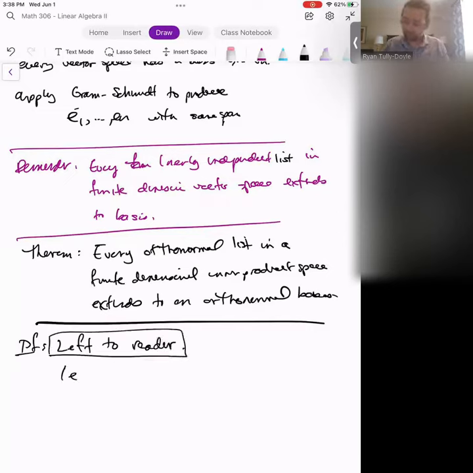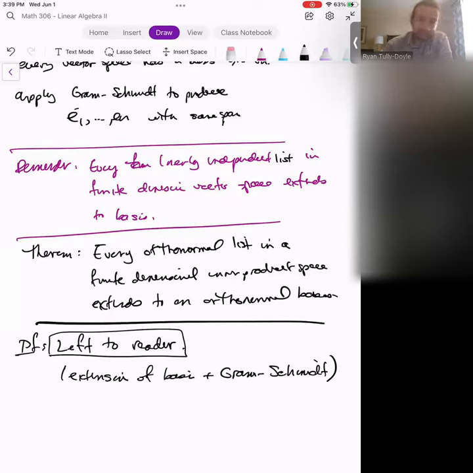But it basically uses extension of basis and Gram-Schmidt as the two main ingredients. And you guys should try this one. This is actually not a terribly difficult argument. Don't cheat and look at Axler. You should try this one yourself. It's useful.